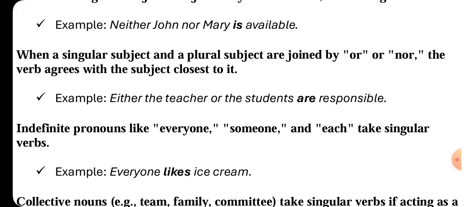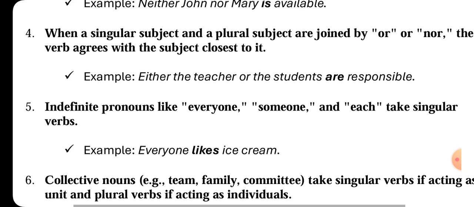But if it's either the teacher or the student without s, it becomes either the teacher or the student is responsible. That's correct. But assuming it's in this form, either the teachers or the student, pay attention: either the teachers or the student is responsible. That is the correct answer. Now let's look at the next one.